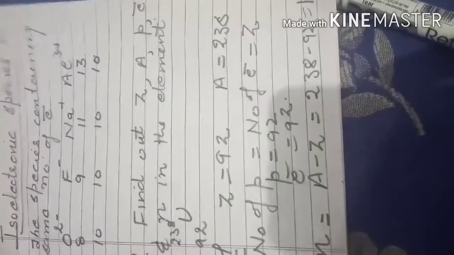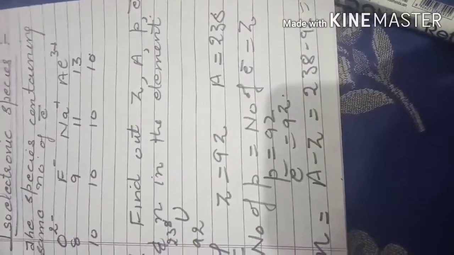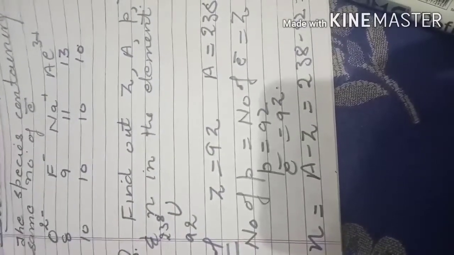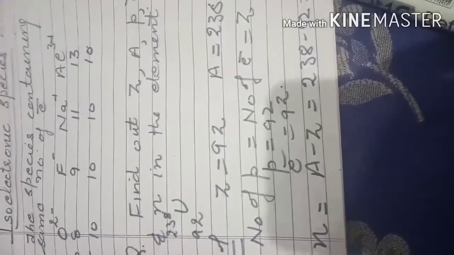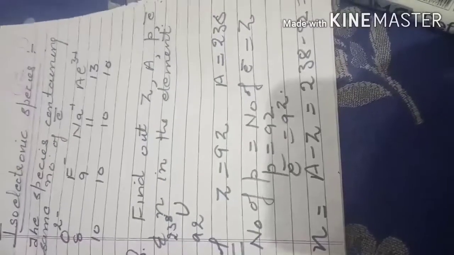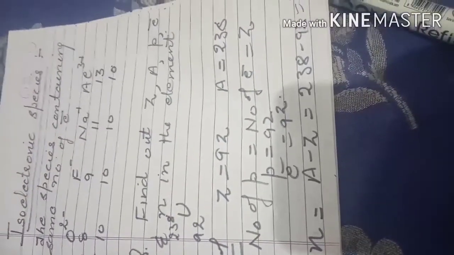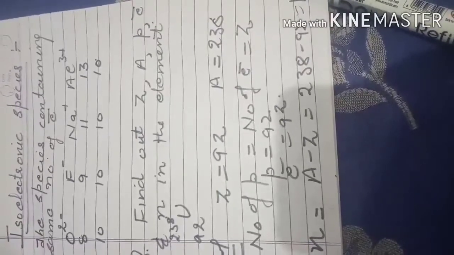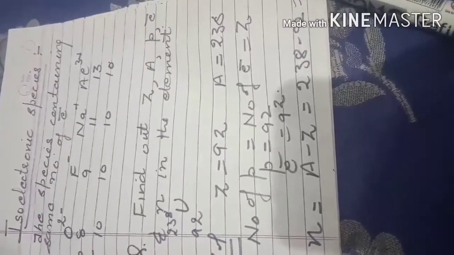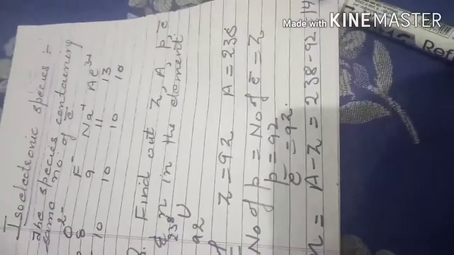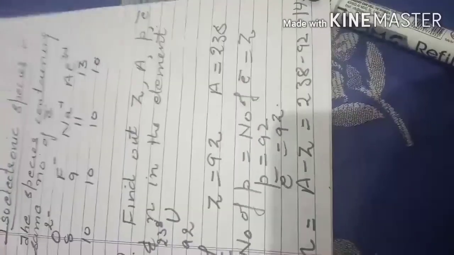So atomic number is 92 and mass number A is 238. We also know that number of protons is equal to number of electrons, which is equal to atomic number. So the protons and electrons both are 92. Also, number of neutrons is mass number minus atomic number, which comes out to be 146.